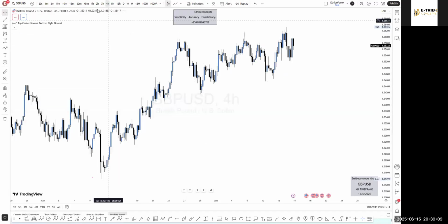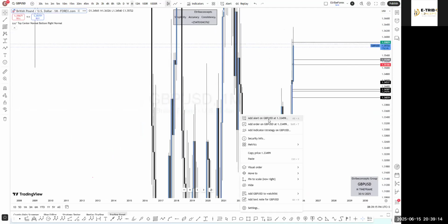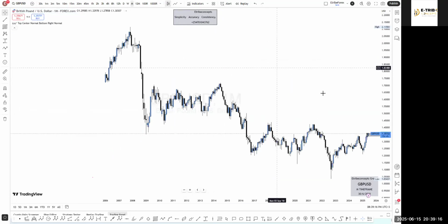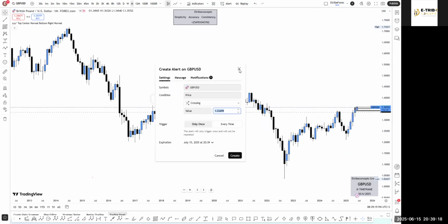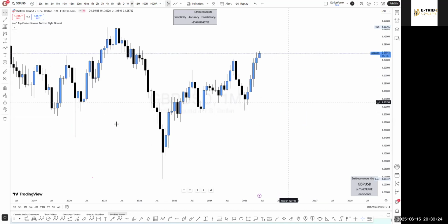So on GBPUSD, as usual, I'll go to monthly time frame. Same scenario for Euro USD. Guys, always make sure your charts are clean.